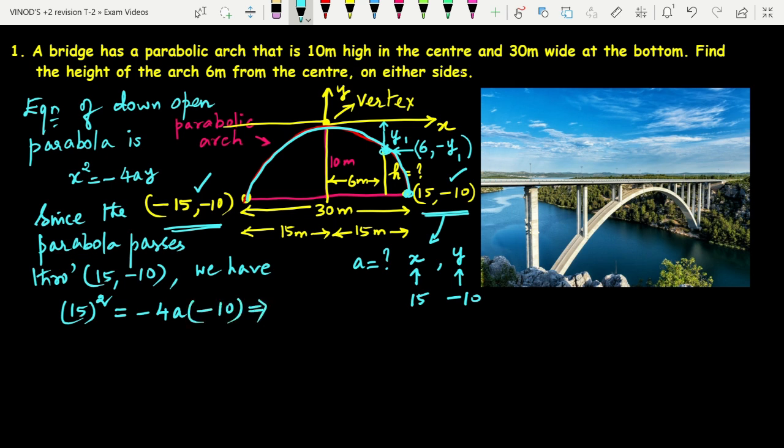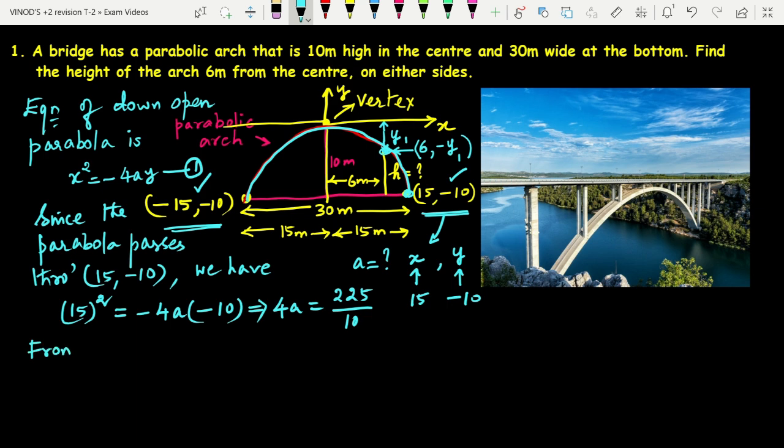From this, what is your 4a? 15 square is 225, and minus into minus will be plus. So 4a is 225 divided by 10. You can find the a value as 225 divided by 40, but that is not necessary. We will substitute this 4a in the parabola equation 1.